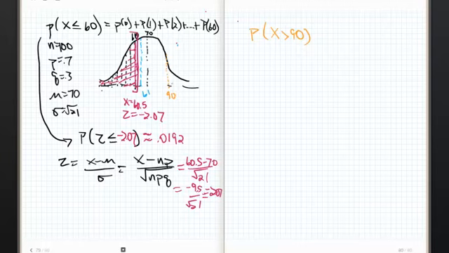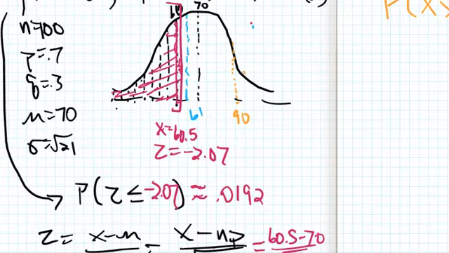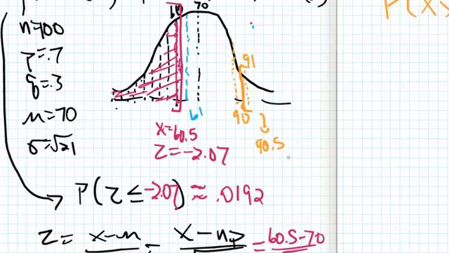Now I'm looking at greater than 90, so this is going to be the probability that z is greater than some value. If I'm greater than 90, I don't include 90, but I want to make sure that I include 91. So I correct for continuity and grab the value directly in between, which is 90.5.